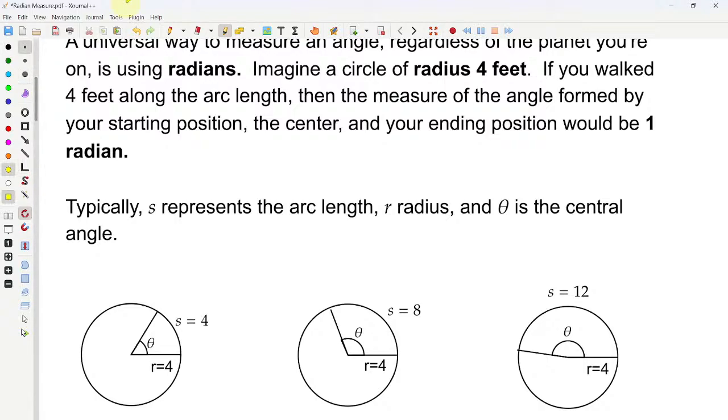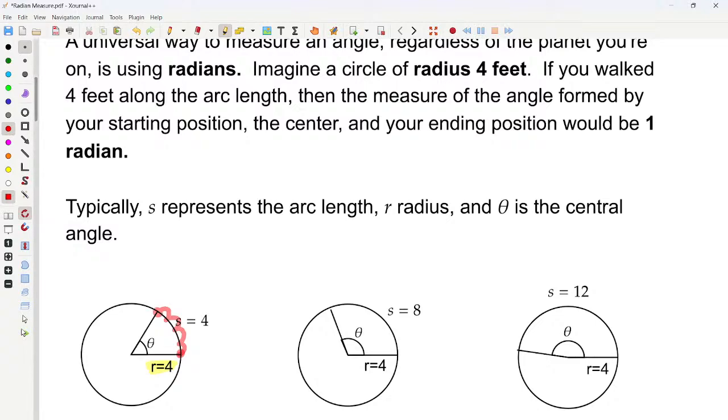Imagine a circle of radius 4. You don't have to imagine it that hard. It's right there. And here's me in my starting position. And I put one foot in front of the other. 1, 2, 3, 4.